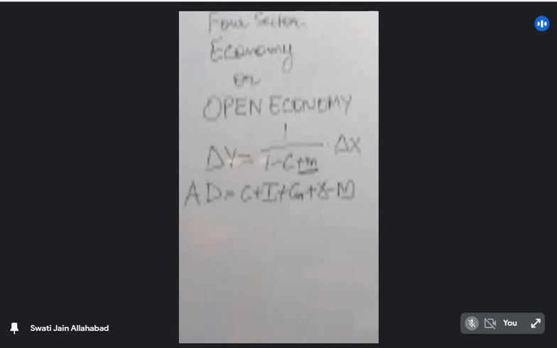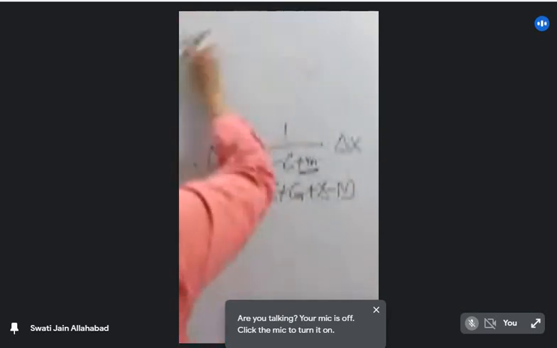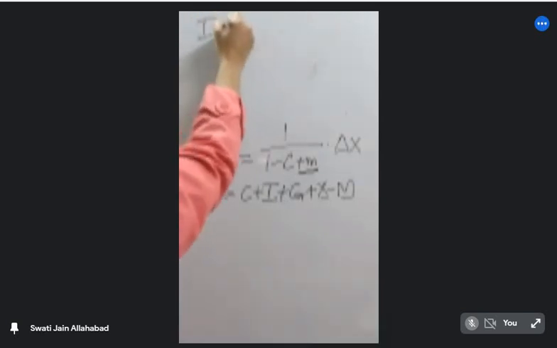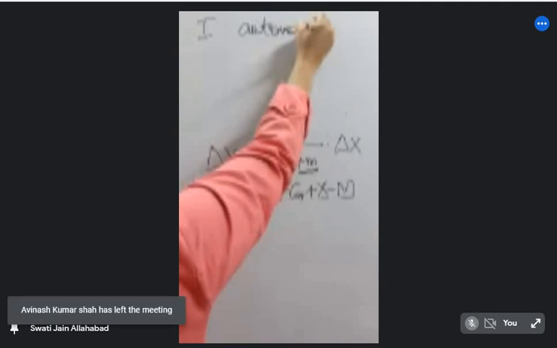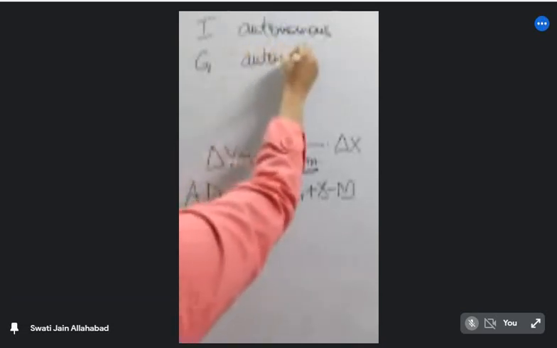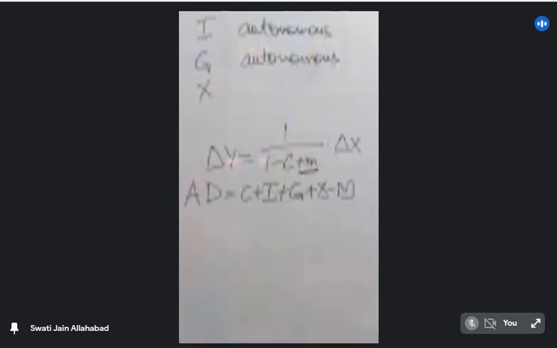So now try to understand how these variables are behaving. I is autonomous, government expenditure is again autonomous, and X, which is export, is also assumed to be an autonomous variable.